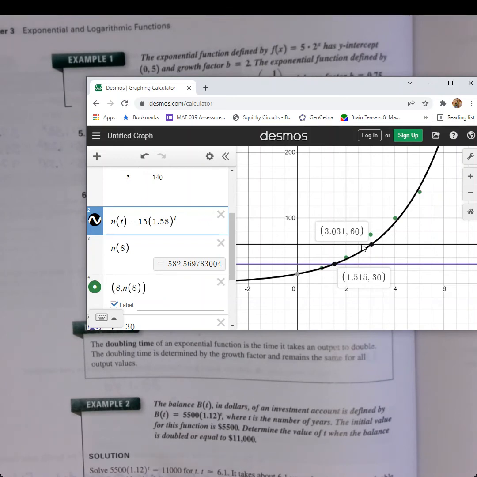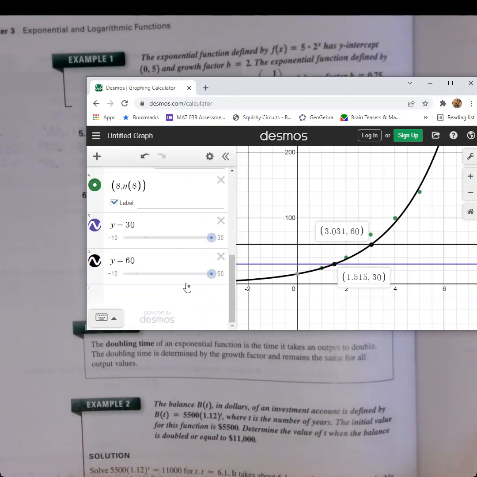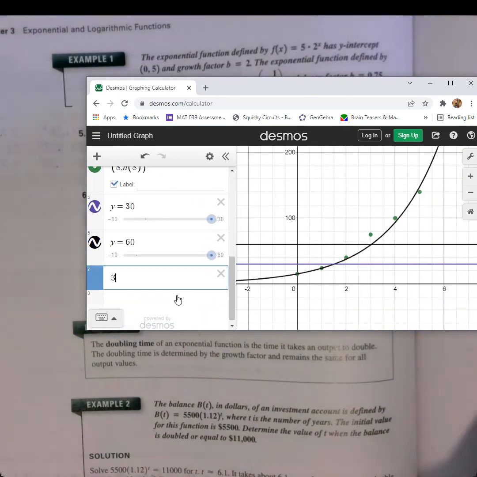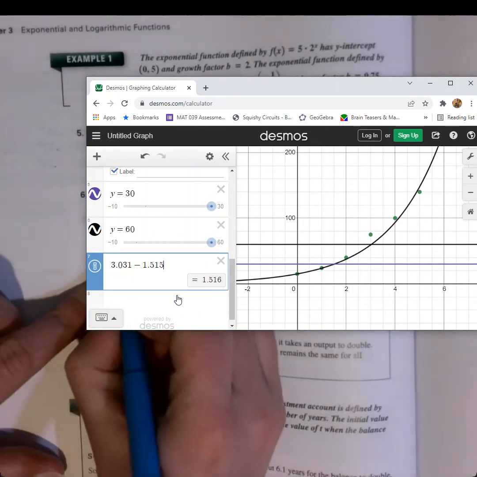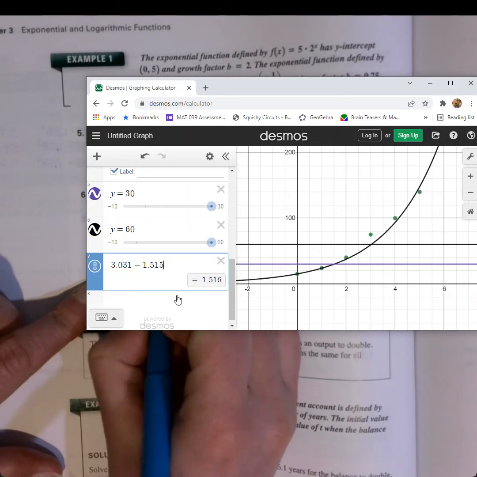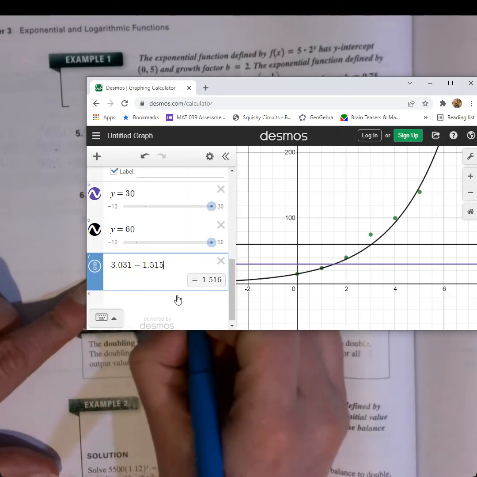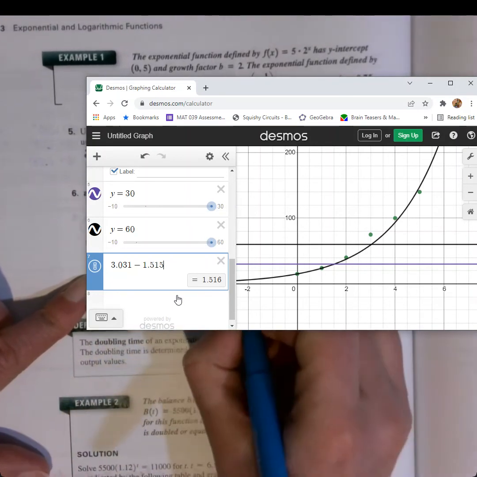So I need to compute the difference in those x coordinates. I want to compute 3.031 minus 1.515. And again, I get 1.516 or 1.5. So it takes 1.5 years to double.